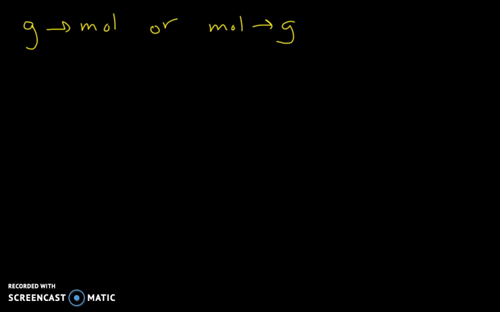So, our new conversion that we need to use is that 1 mole is now equal to some number of grams. And that number of grams is the molar mass.